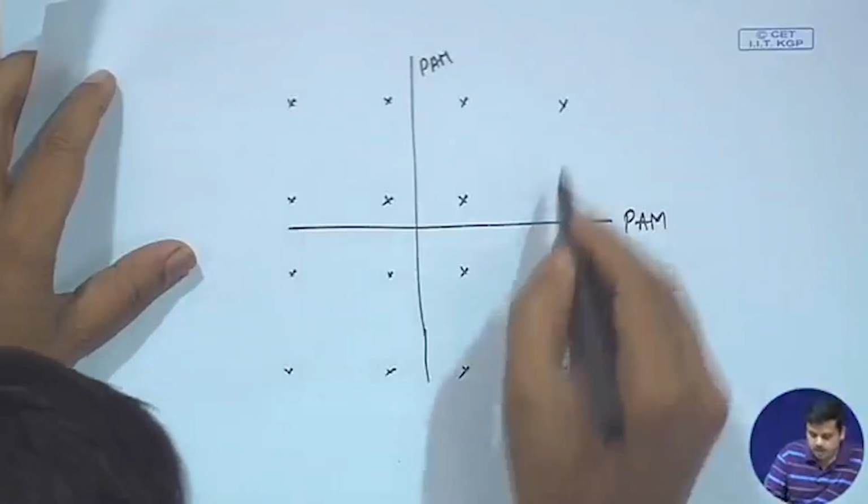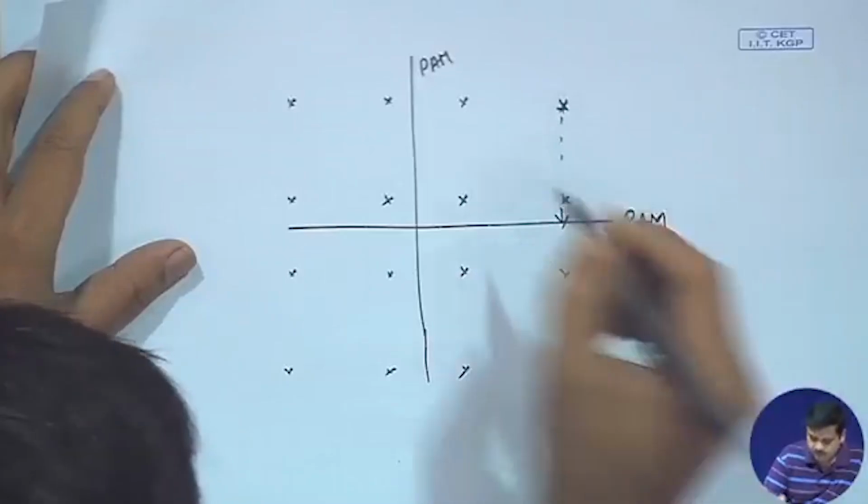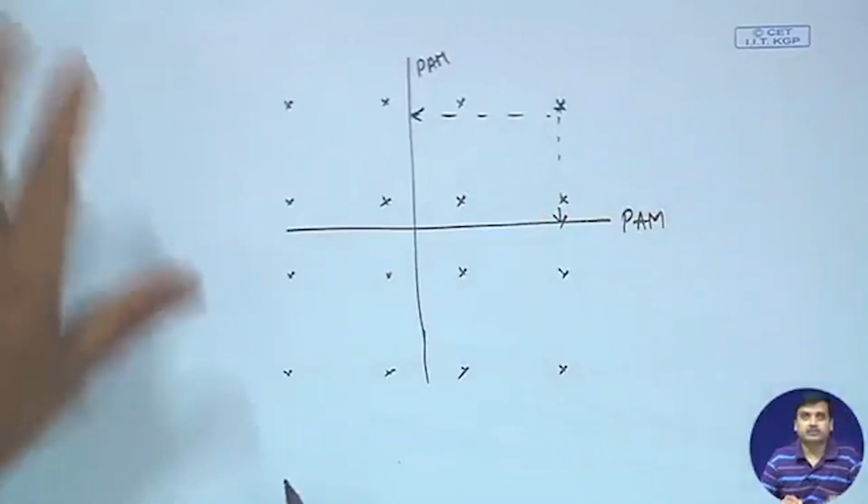So, any constellation point can be thought of as a PAM here and a PAM here, right.